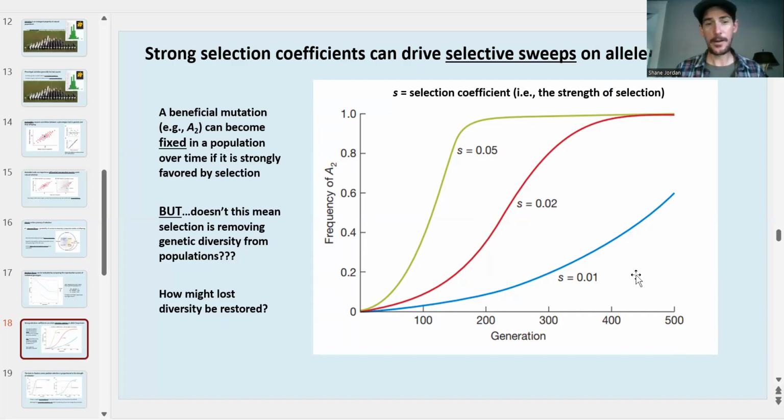So this question about how this lost genetic diversity might be restored: probably it could be restored by the introduction of new mutations into this population. But this is basically a simple model to show that we have observed in nature very beneficial alleles becoming very, very frequent, very, very quickly, depending on the strength of selection.